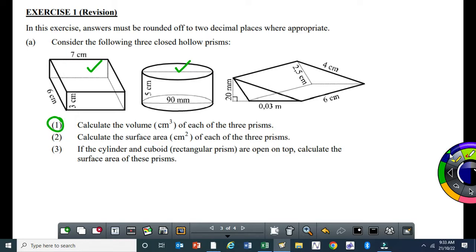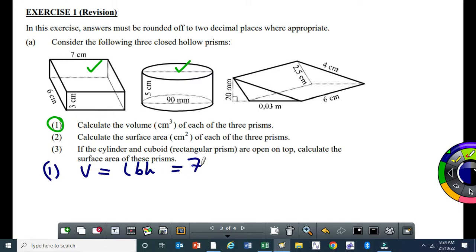So the volume, that's number 1. The volume of a rectangular prism is LBH. That's the general formula for a rectangular prism: length times breadth times perpendicular height. If you look at our diagram here, which one will be our length? 7.